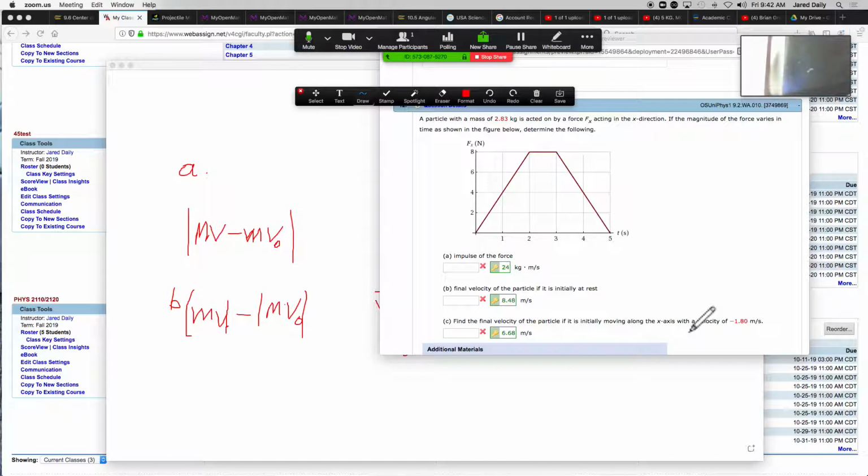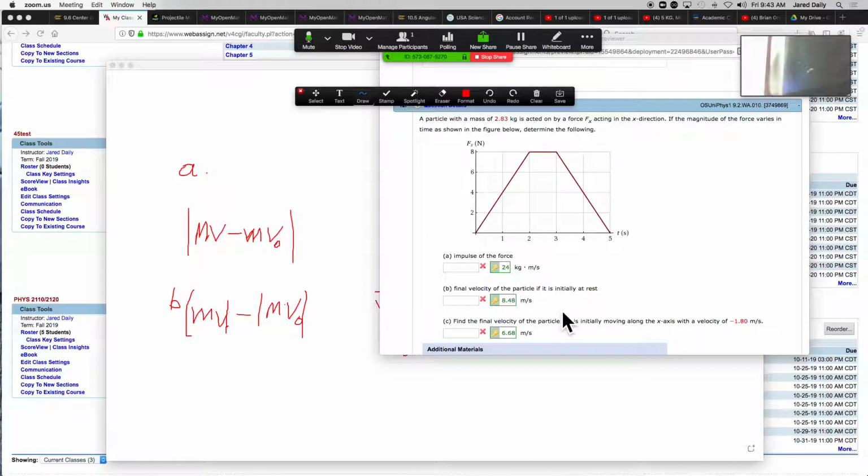What will the area under the curve be equal to in a force-time graph? It'll be equal to impulse, and impulse is also equal to change in momentum, right? So if you can calculate the impulse, you can calculate the change in momentum. So impulse is the first one. You're just going to calculate the area under that curve, and you're going to be done.